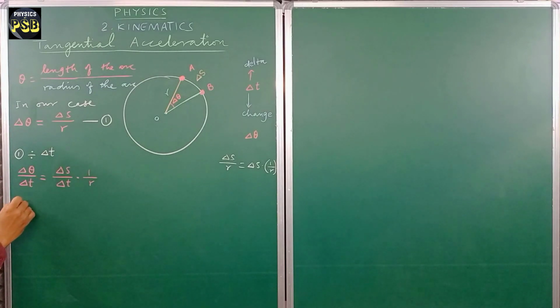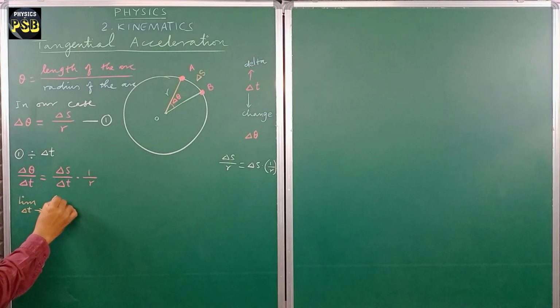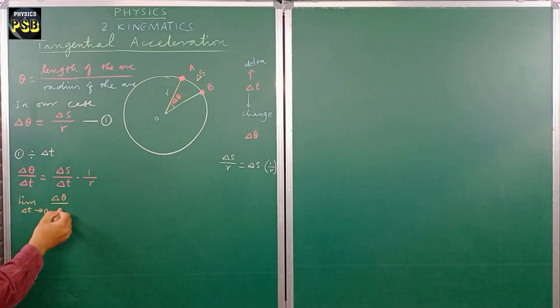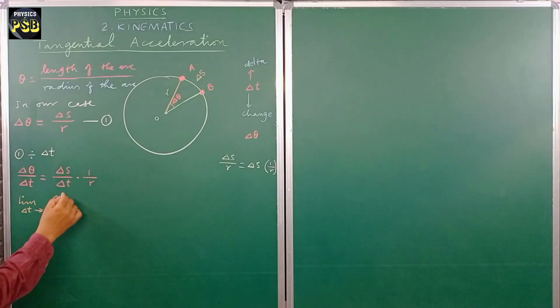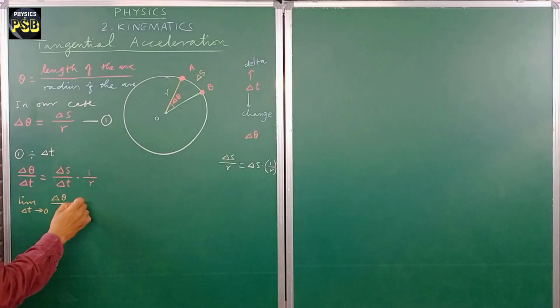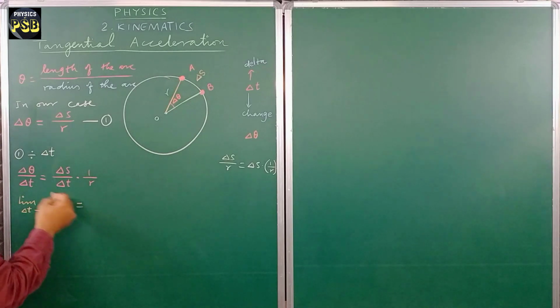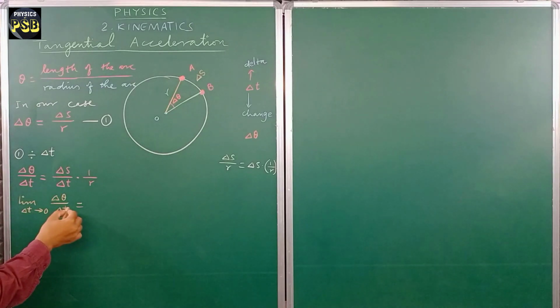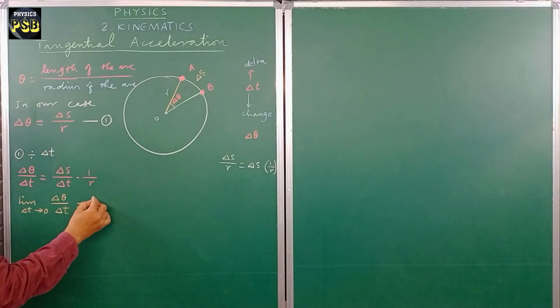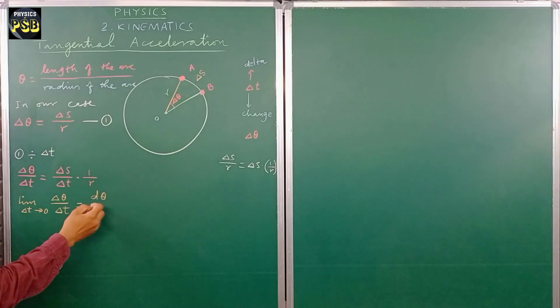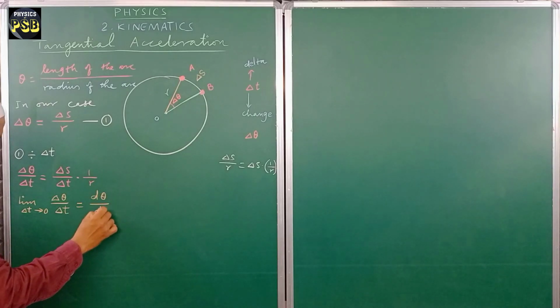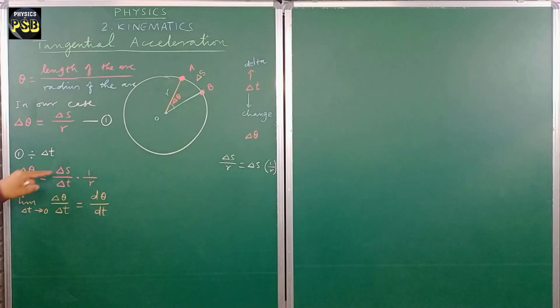Then delta theta upon delta t can be written as d theta upon dt. In a similar way, this will become ds upon dt.